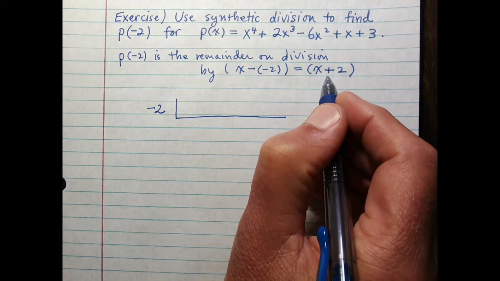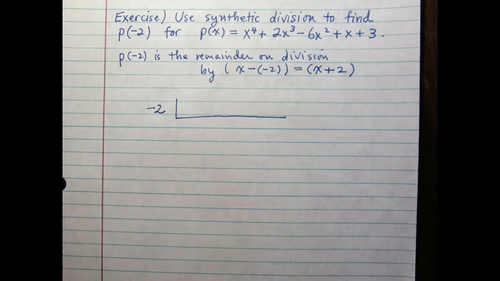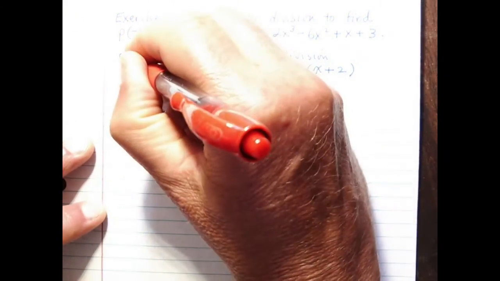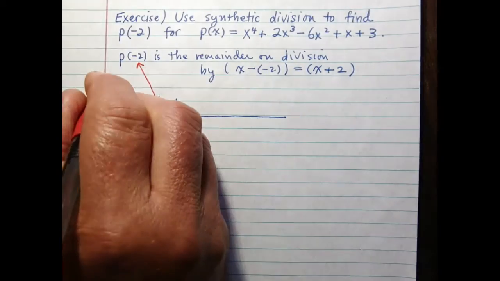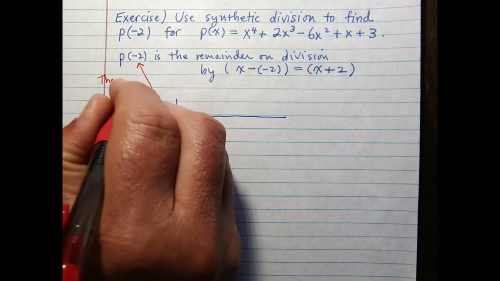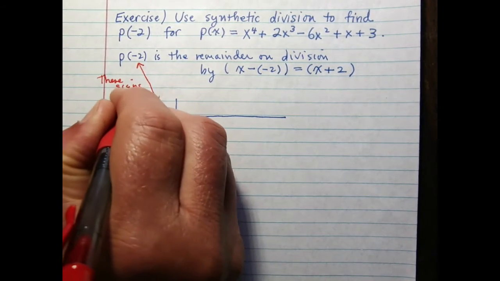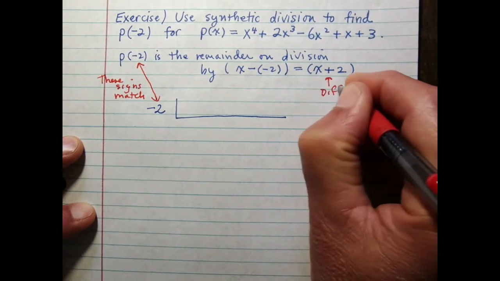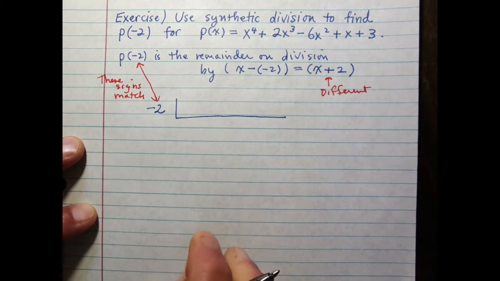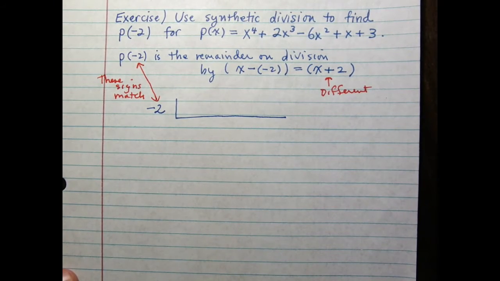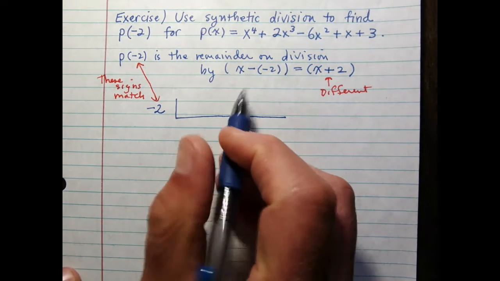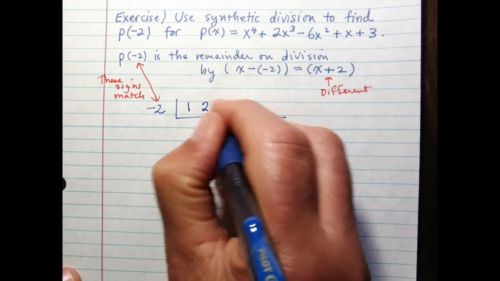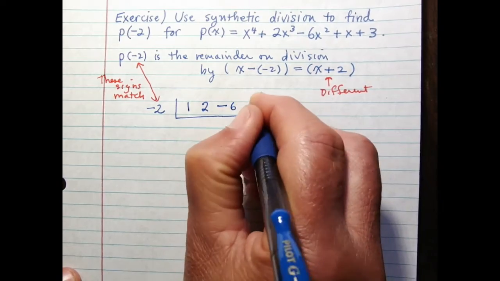If I'm dividing by x minus 2, I have to write a positive 2. So notice these signs will always match, and this one is different. I think you get used to it, but it is a little bit confusing the first time you see it. Now, coefficients of p of x, I write 1, 2, negative 6, 1, 3.